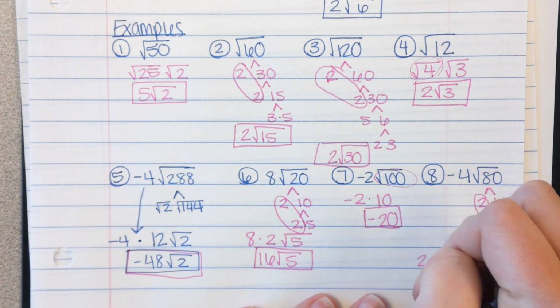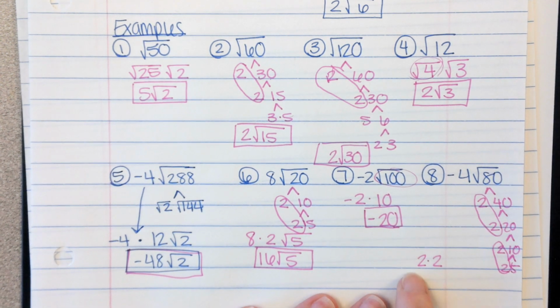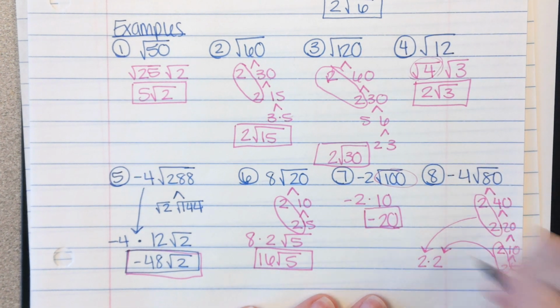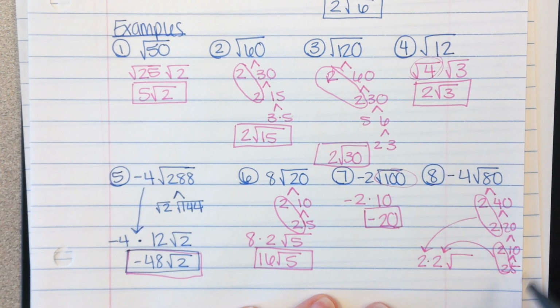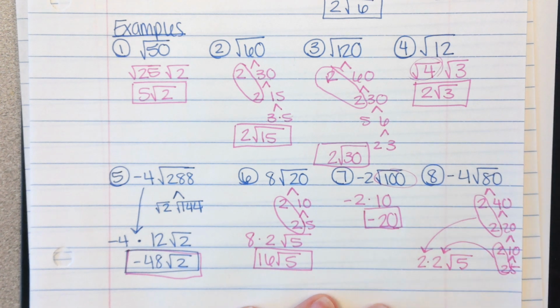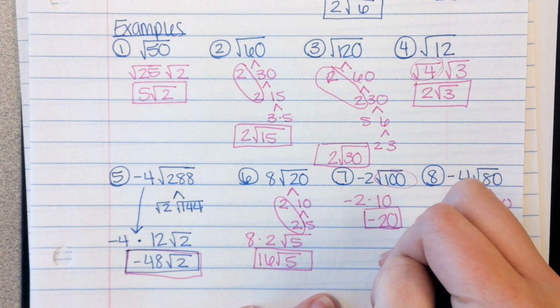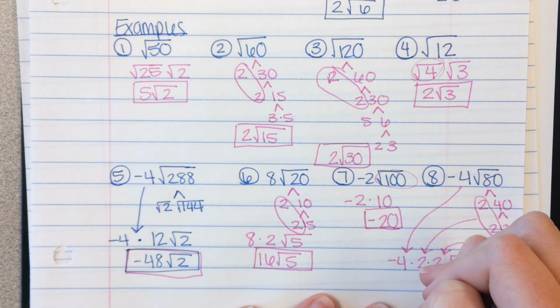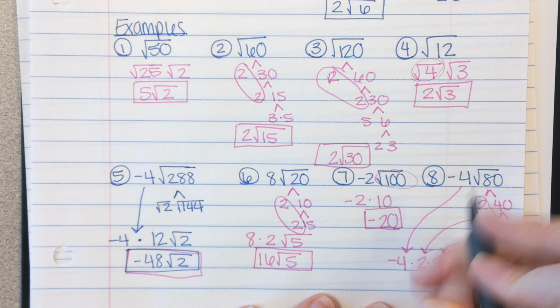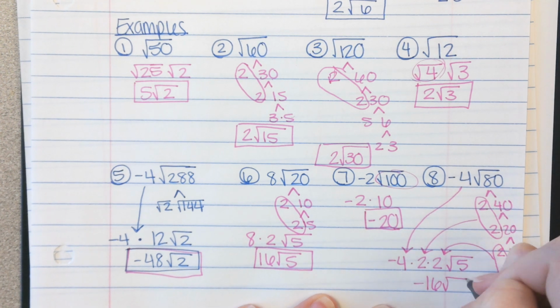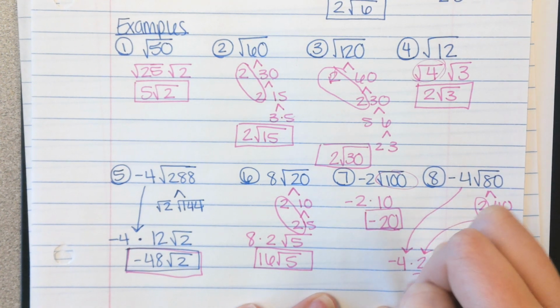So on the outside, I'm going to have 2 times 2 because this is one pair. This is the second pair. And then inside I'm going to have a 5. So I also need to bring down my -4. So -4 times 2 times 2. So -4 times 2 is -8 times 2 is -16, square root of 5.